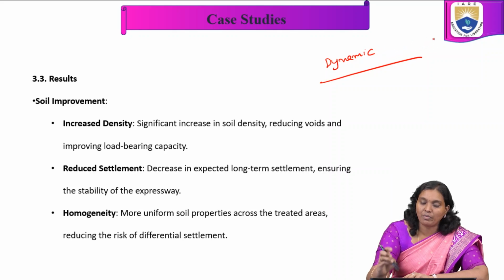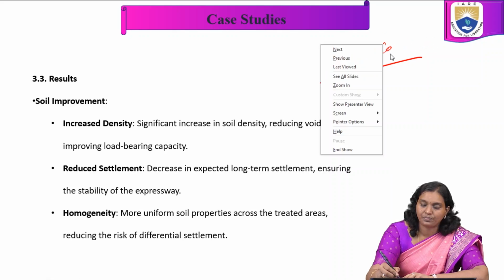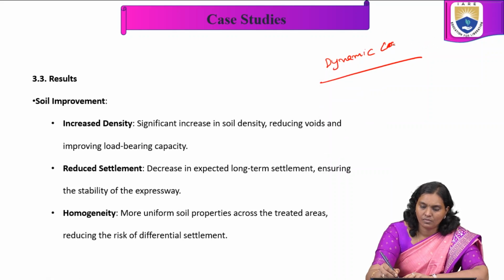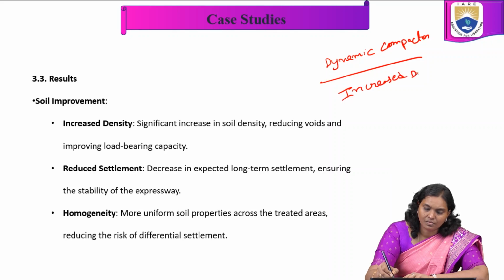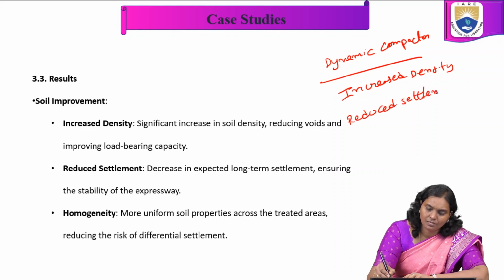So in this dynamic compaction, the soil improvement results are: increased density, reduced settlement, homogeneity.